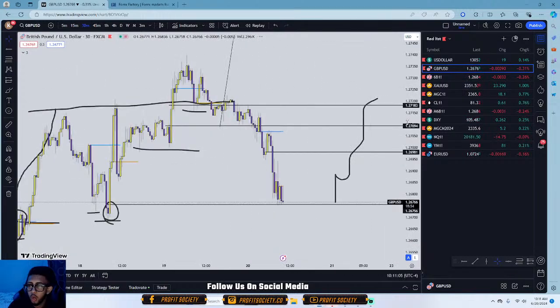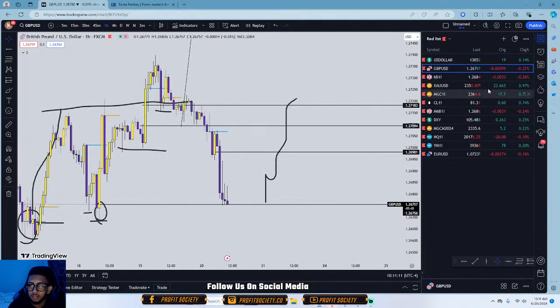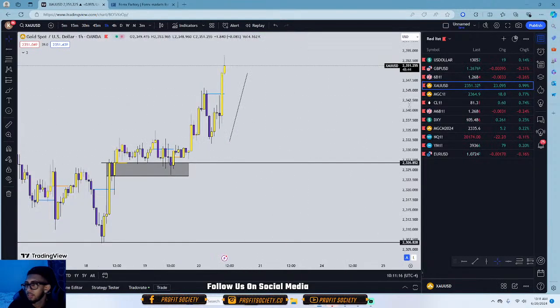Always play with good risk management, of course, because let's say this candle just comes out and wipes us all out. It's a possibility of that. There we go.